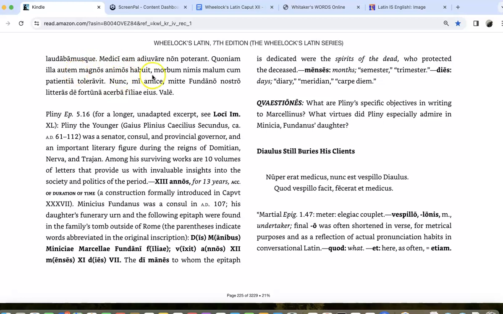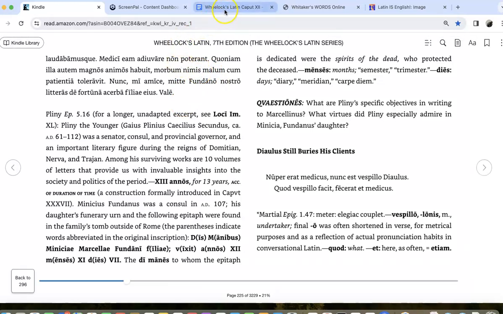But since she had great courage, she tolerated death. So morbum means death. She tolerated her painful death with great patience.